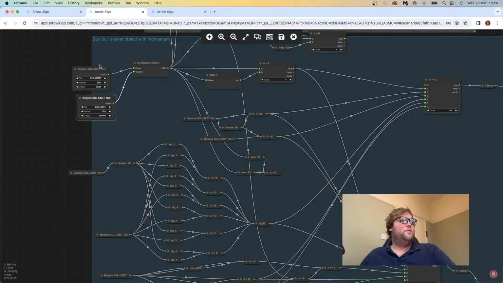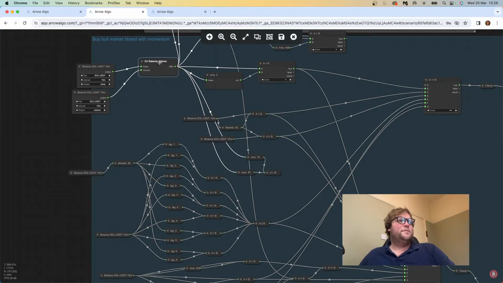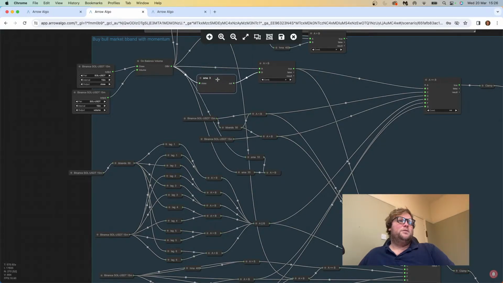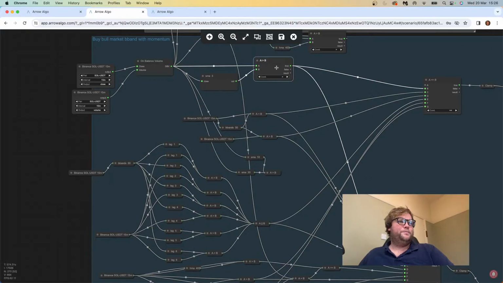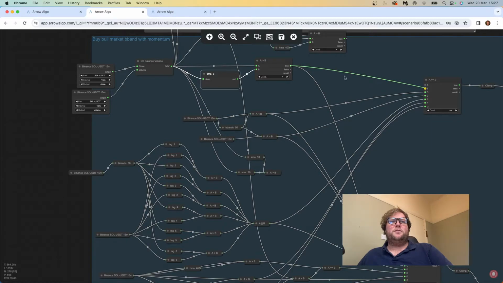So we're feeding in from our data watches the 15-minute closing price and the 15-minute trading volume for Solana into the on-balance volume indicator, and then we're feeding from the on-balance volume indicator block into a moving average block, and then into a condition block. So we're checking here whether the OBV is higher than its 3-part moving average, and that is our second buy condition for this buy block.